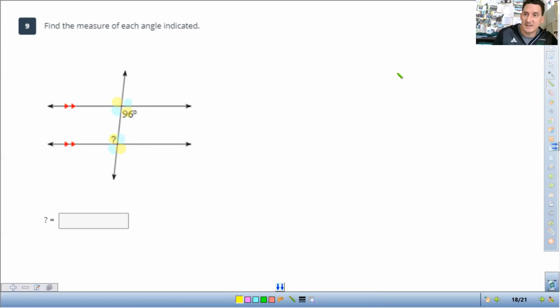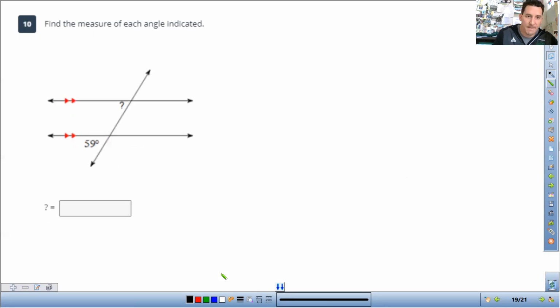So since 96 and the question mark have the same color, that means this is 96. All right, so make the checkerboard pattern. So the question mark and the 59 are both blue, same color, same measure, 59 degrees.